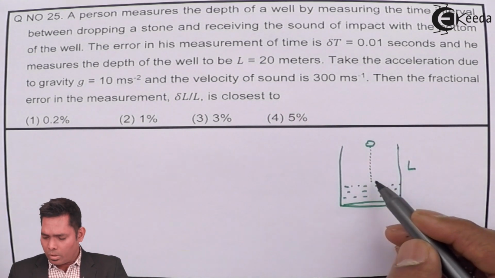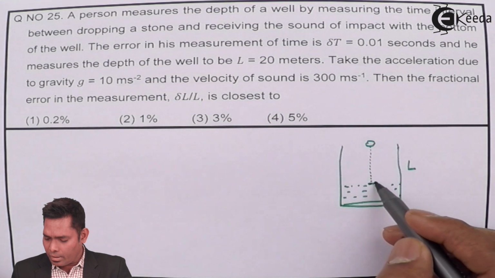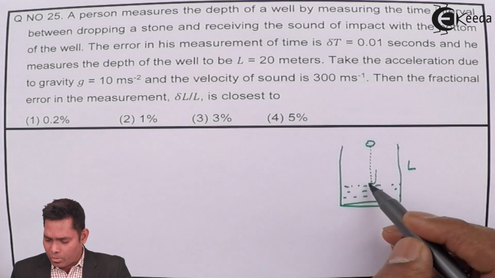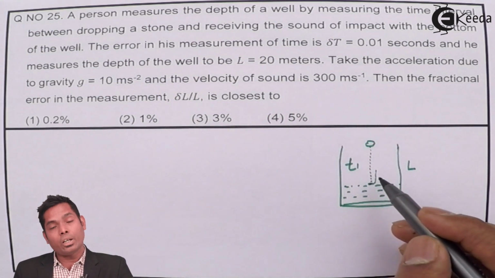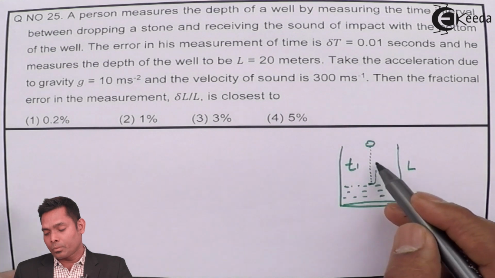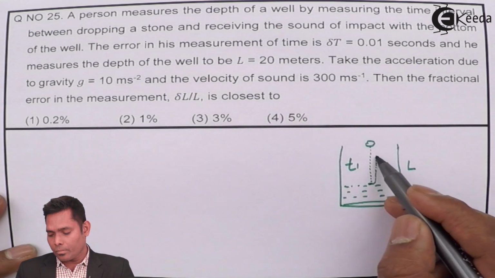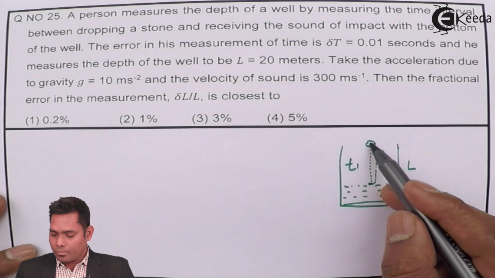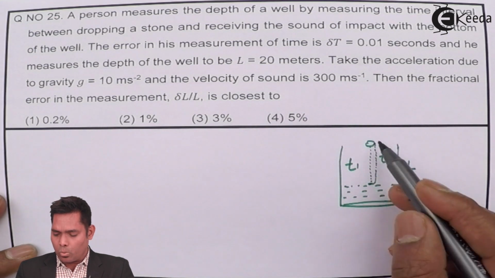It drops a stone, hits the water surface, and the time it takes to hit, suppose, is T1. Then the sound travels towards the person, and the time the sound takes to reach the person is T2.